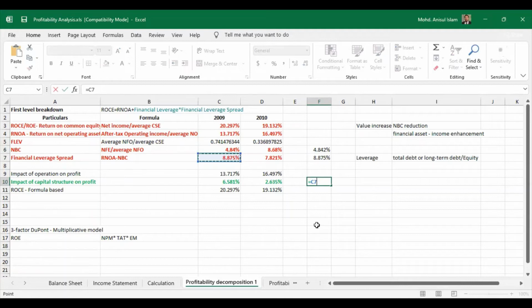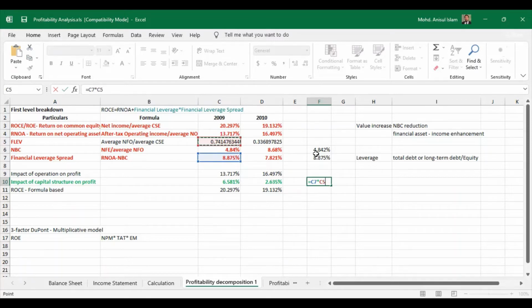I have taken the spread, multiplied this percentage, the spread, by my FLAP or financial leverage to measure the impact of leverage, or precisely to measure the impact of capital structure.